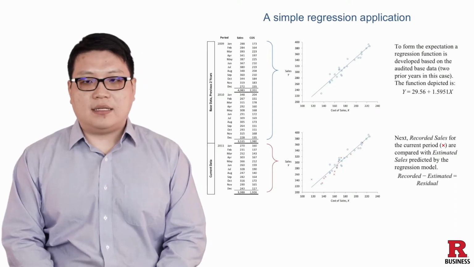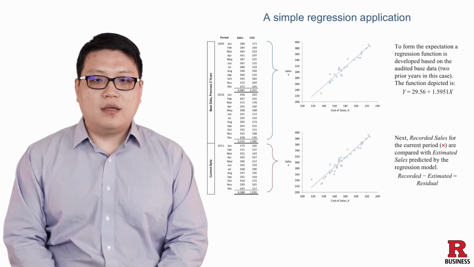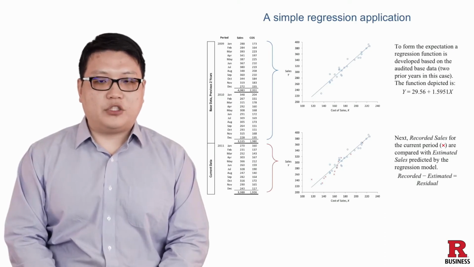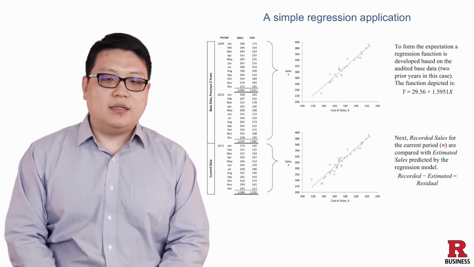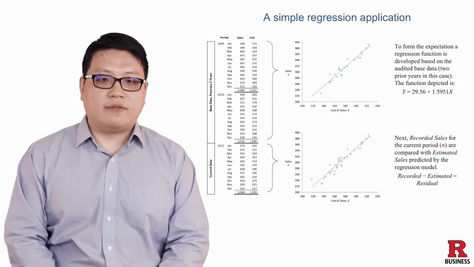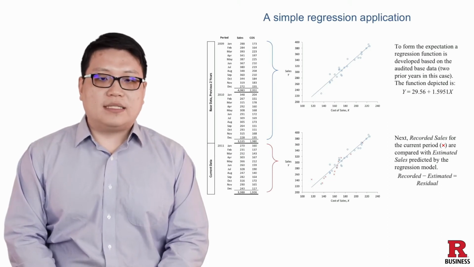As you can see, the current data is plotted as those red marks, which fit into the flow of the regression line. So we can say that passed the first test, because for the current year an increase of cost still leads to an increase of sales. That part fits our intuition.